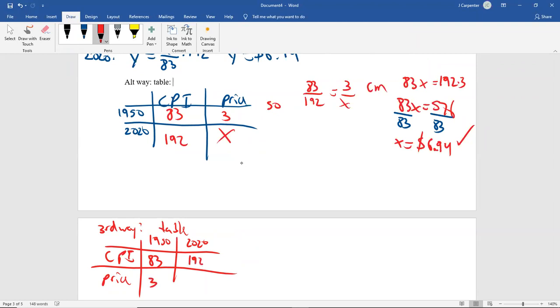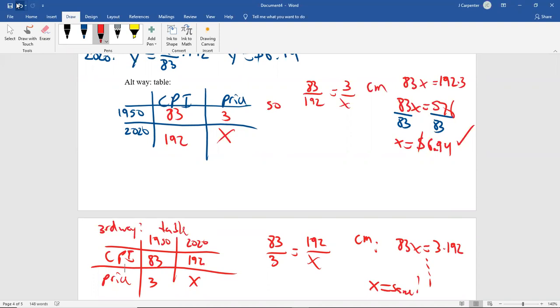This CPI was 192. This is our X. You're going to get 83 over 3 equals 192 over X. It doesn't look like the same proportion. These two things have swapped places, but check it out. When you cross multiply, you get 83X equals 3 times 192. The same thing, you'll get the same answer.